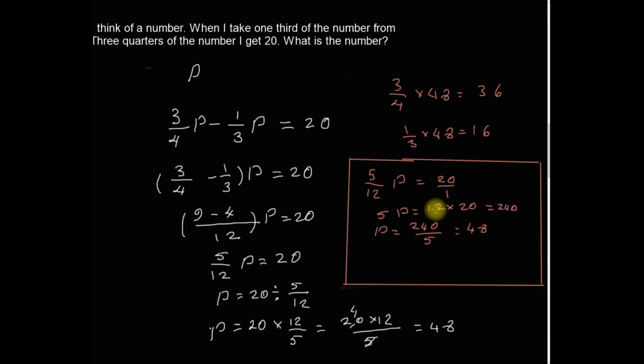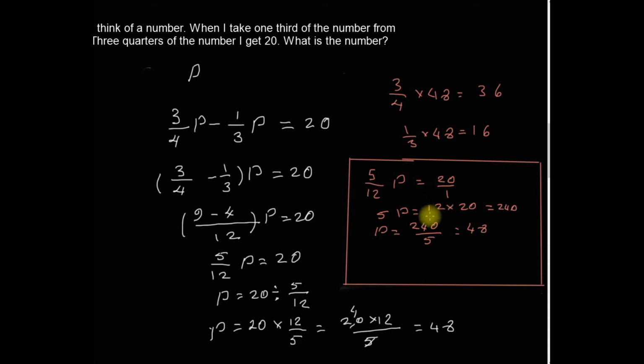What I've done here in this box is just to show you that when we got to this stage, 5 over 12 p is equal to 20, I continued by dividing p by this fraction, which meant we inverted the fraction and multiplied. But we could have easily done, using cross multiplication, we could have said 5p over 12 is equal to 20 over 1.